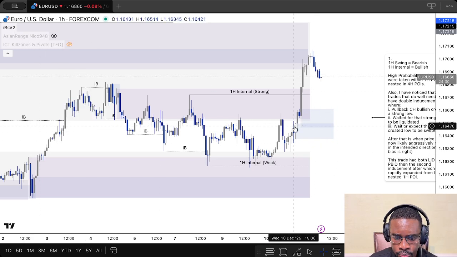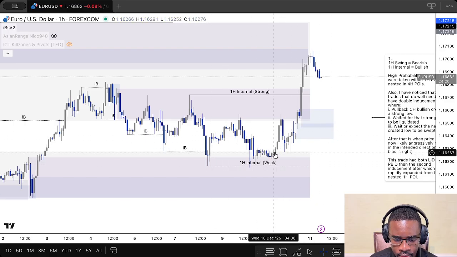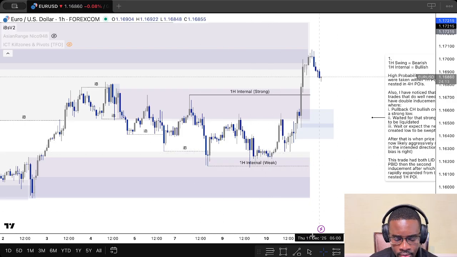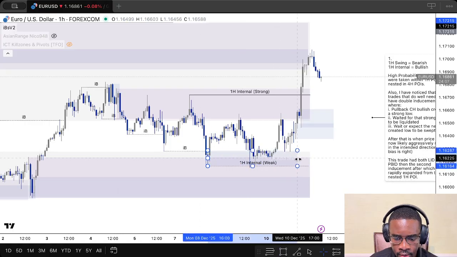So we had a push up and then consolidation away and then a mitigation before price continued bullish. And then all the way down, we do not have any other clear demand areas because everything else has been mitigated.